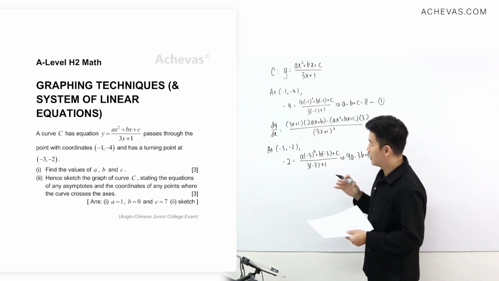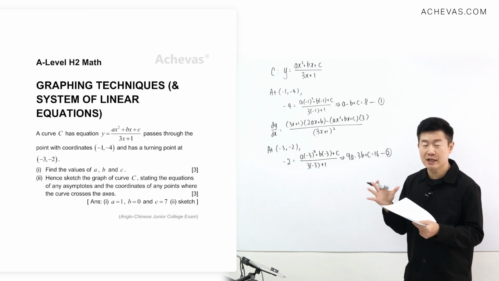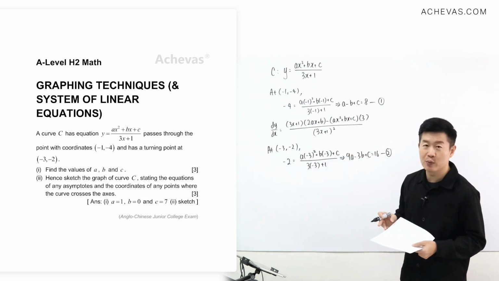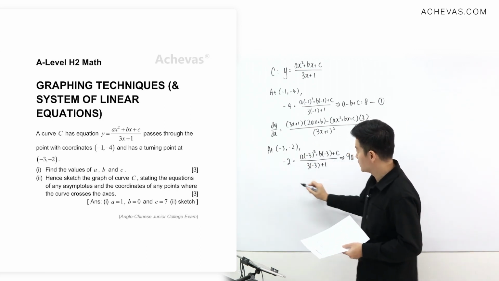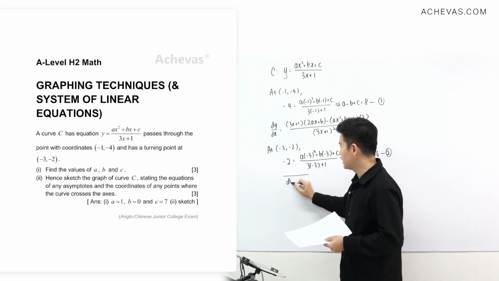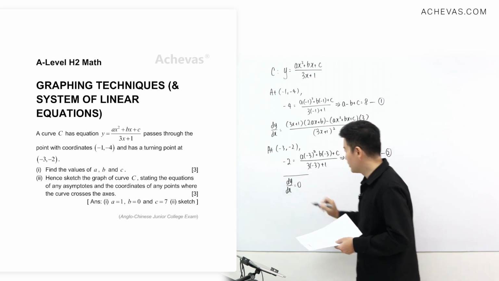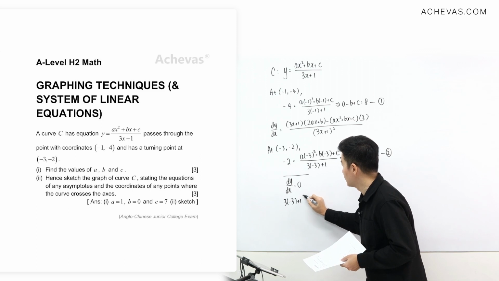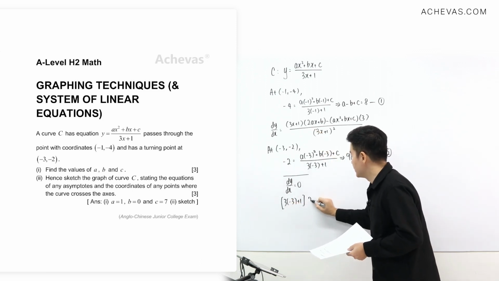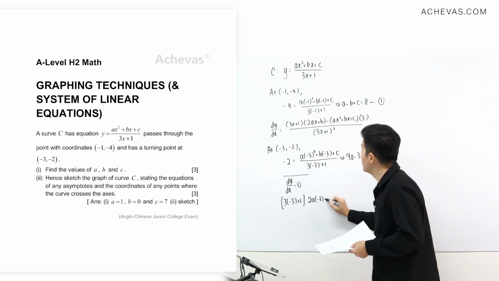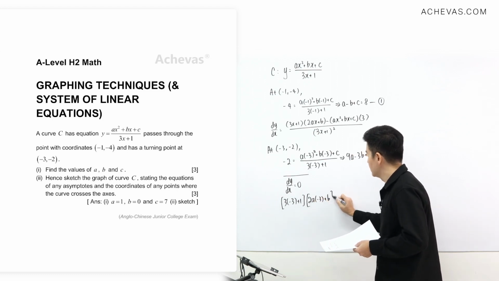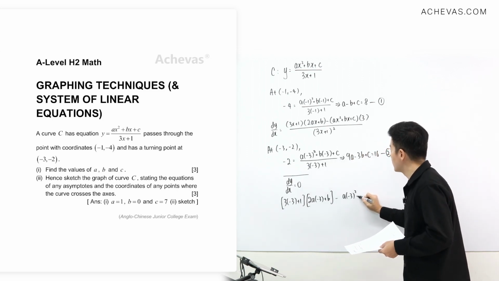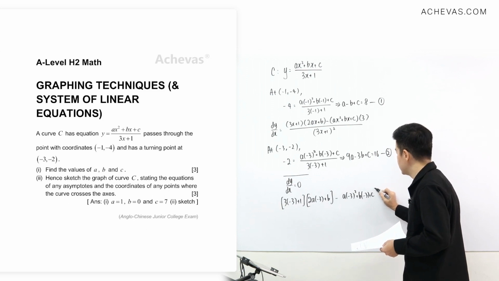Our last equation that will help us to form a complete system of linear equations that can solve for a, b, c will be the fact that at the point -3, -2, it is a turning point. So dy/dx is going to be equal to 0. So it will be 3 times (-3) plus 1, then 2a times (-3) plus b, then minus (a times (-3) squared plus b times (-3) plus c).